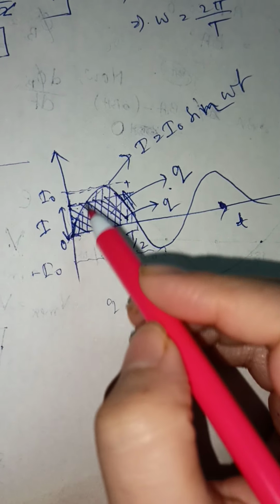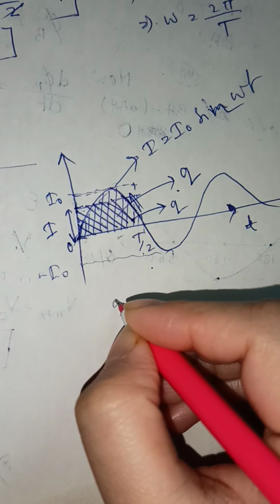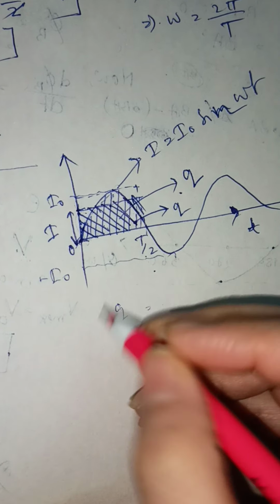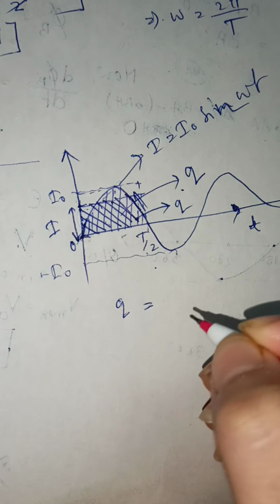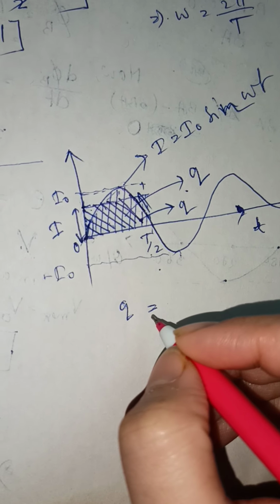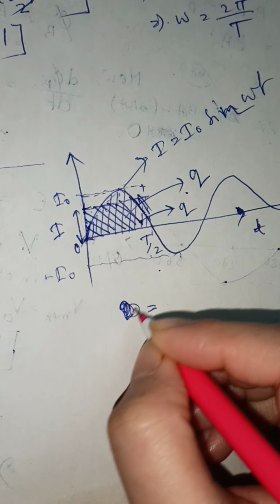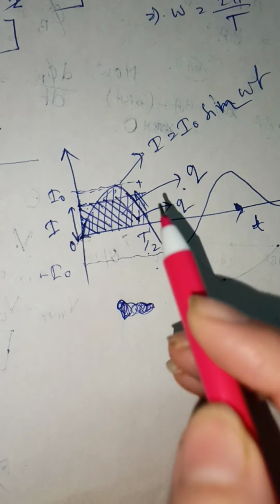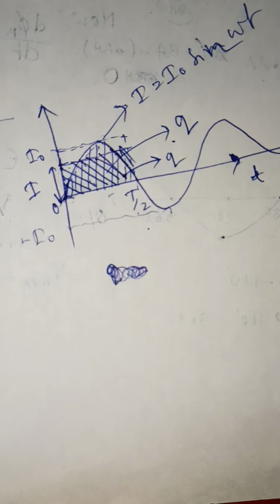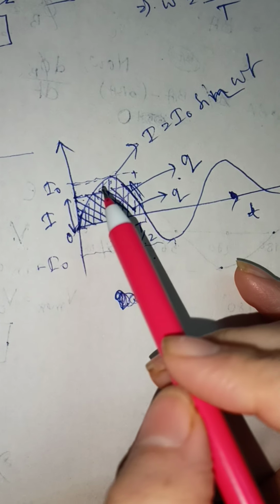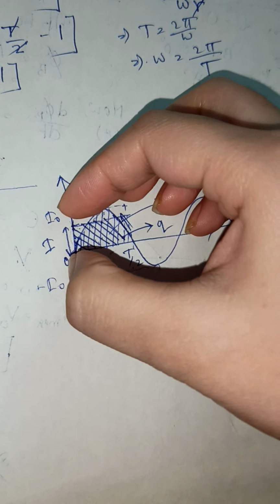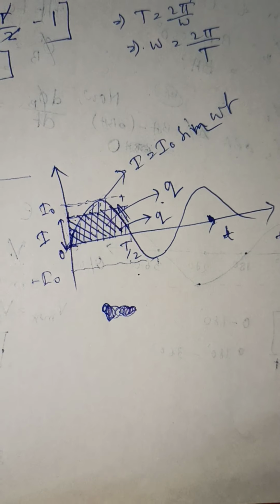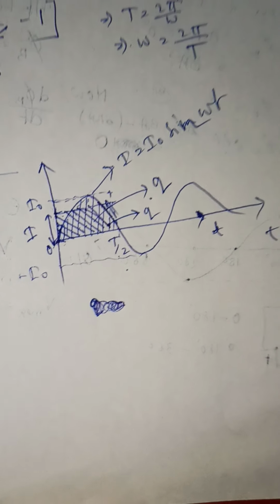So for this curve, Q, if the area of both shapes, that means the rectangle and this curve, is the same, then this I indicates the average value of I naught, right?